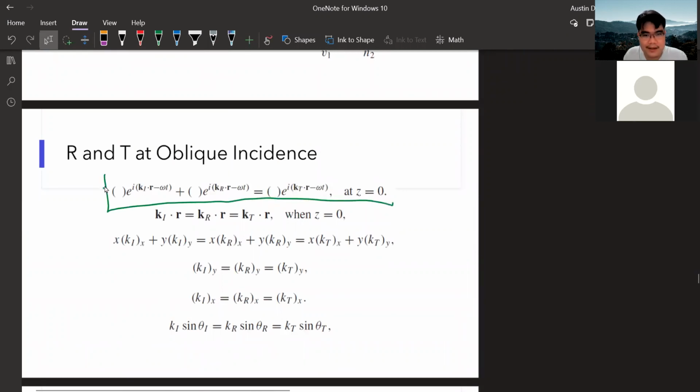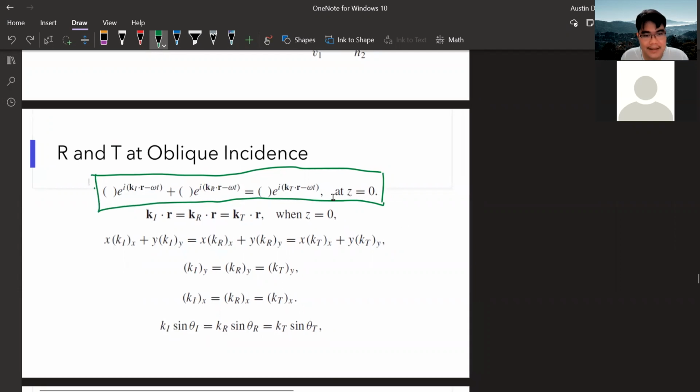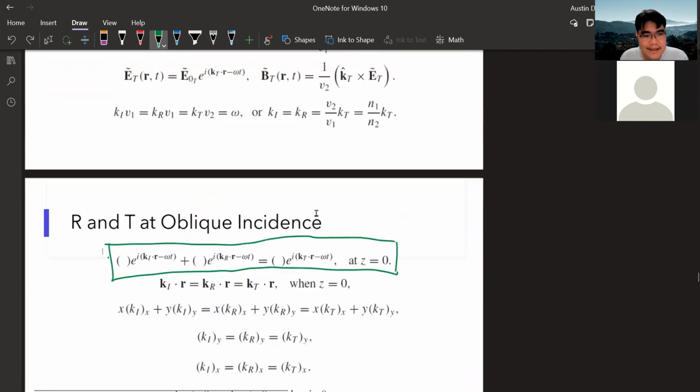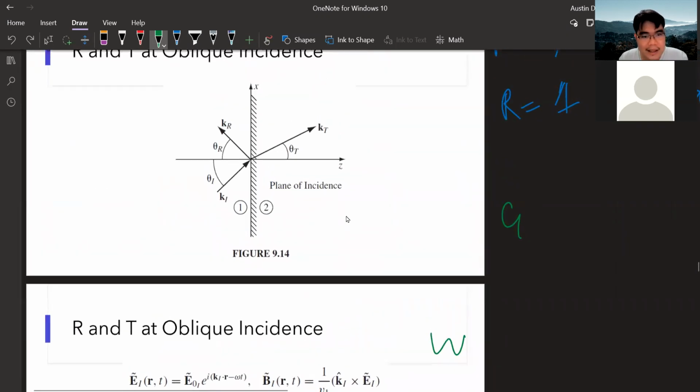So yung mga nasa parentheses, for brevity lang yan, pwede mo lagay dyan yung E. In essence, ganito yung itsura ng equations mo. Now, that is at z is equal to 0. Kung mapapansin nyo, they all have to emanate at some point here, at the point of interaction with the surface.